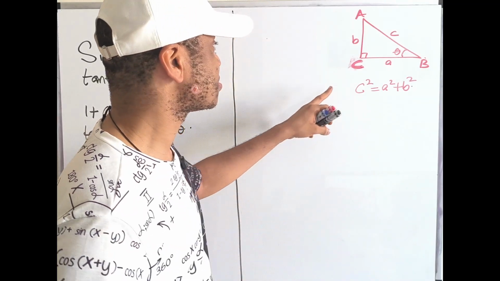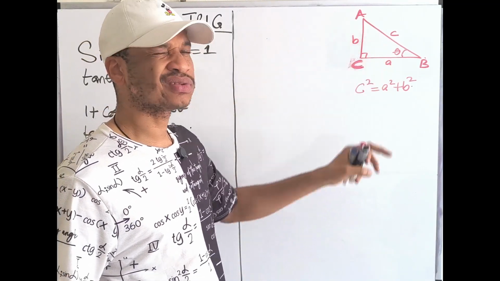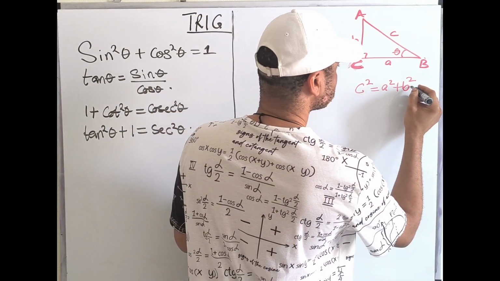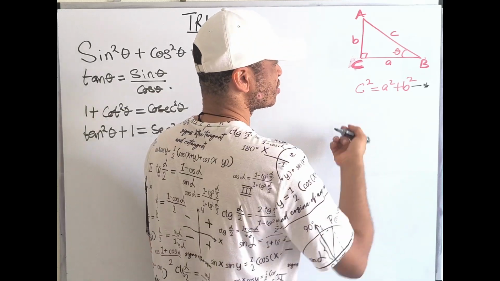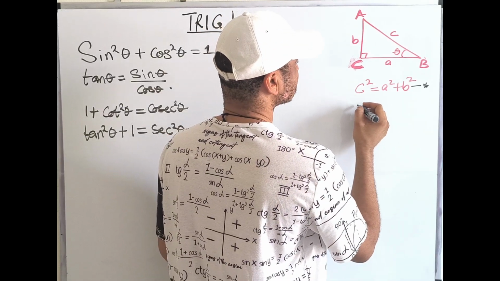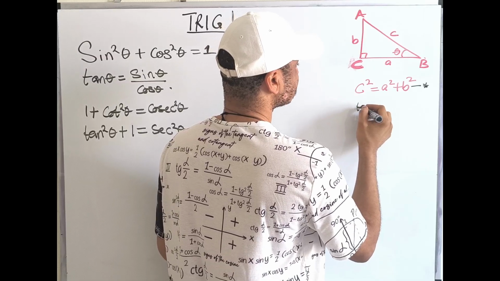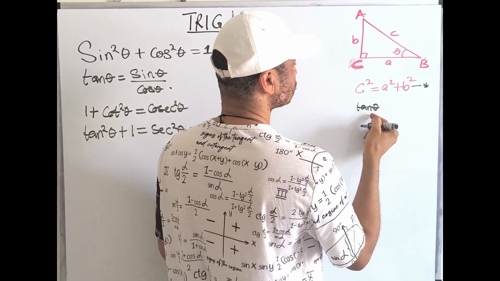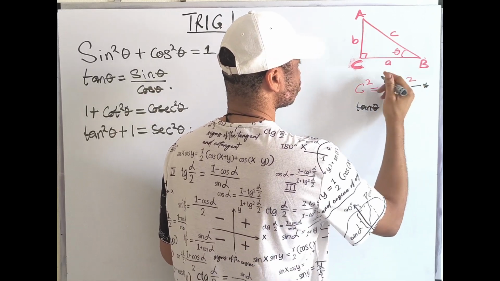All right, so we're going to start with Pythagoras theorem. You can put the angle anywhere, it doesn't matter. So this is Pythagoras theorem. I will call this equation, equation star, just for reference. Then I will use SOHCAHTOA. I want to find all the trig functions. So tan theta is opposite over adjacent, TOA.